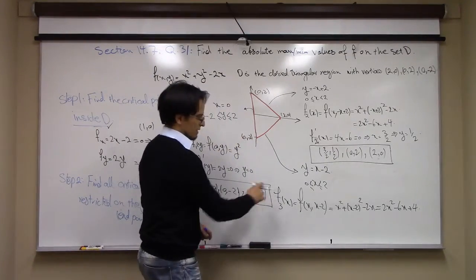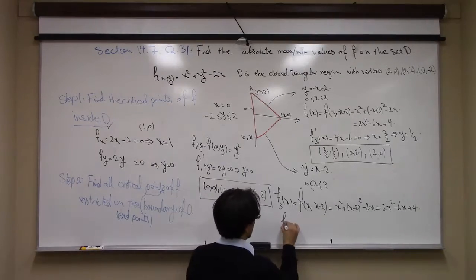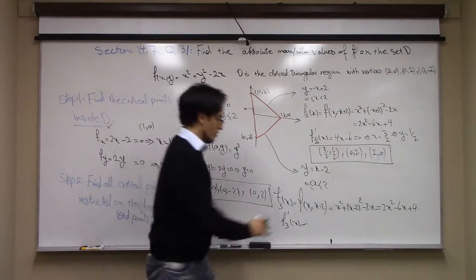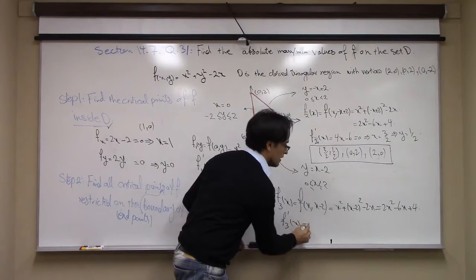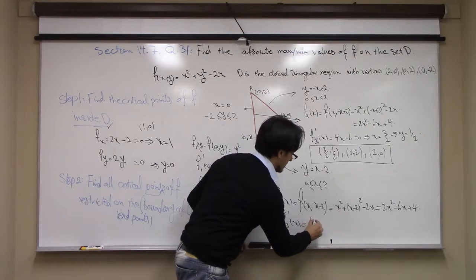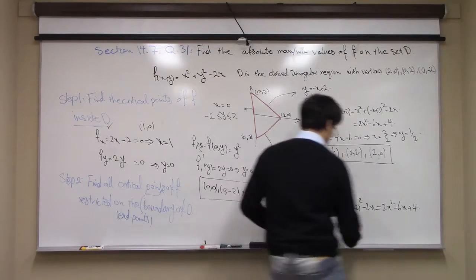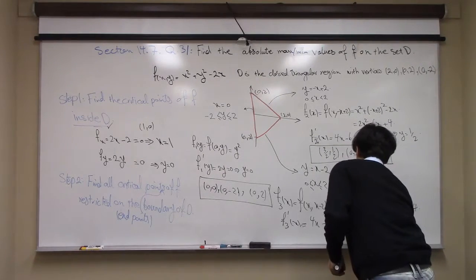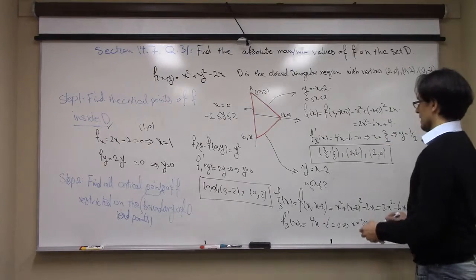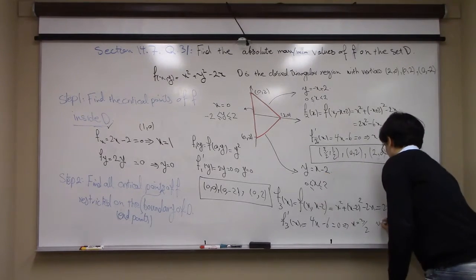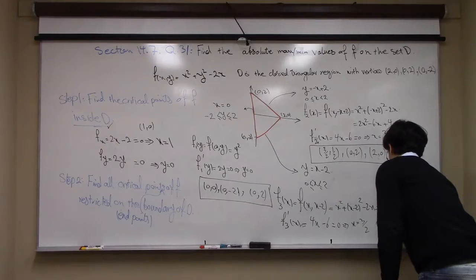The last piece, which is this one: find f3 prime of x, which is 4x minus 6 equals 0, which gives me x equal to 3 over 2. And if I plug in x equal to 3 over 2, y is going to be negative 1 over 2.